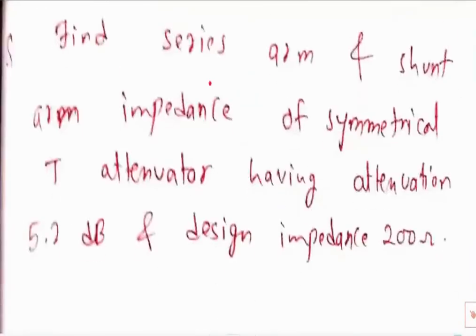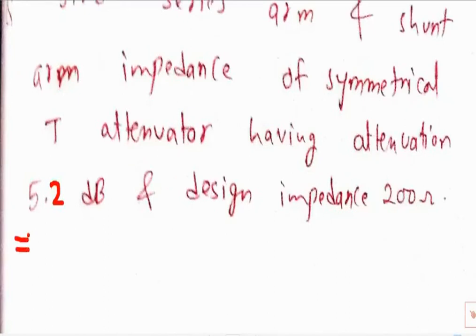Okay, next question. Find series arm and shunt arm impedance of symmetrical T attenuator having attenuation 5.2 dB and design impedance 200 ohm. Same type of question.